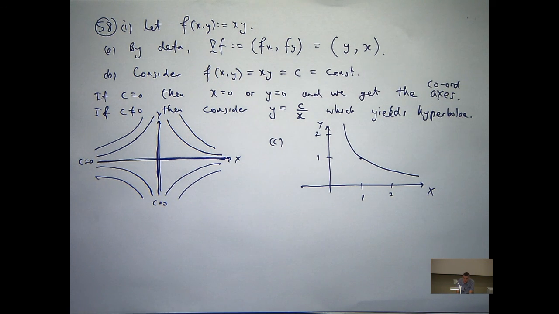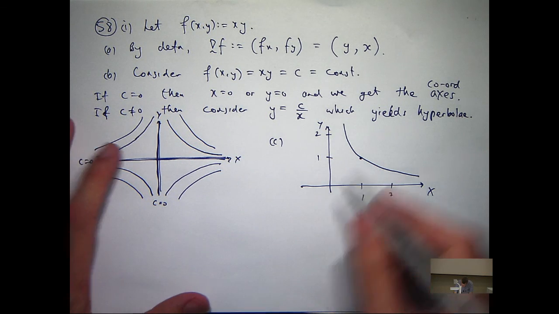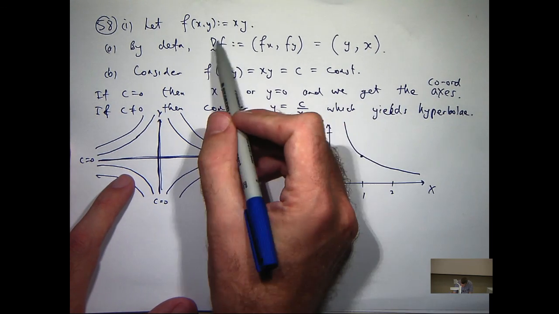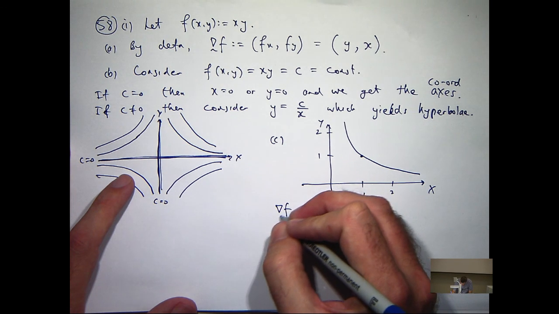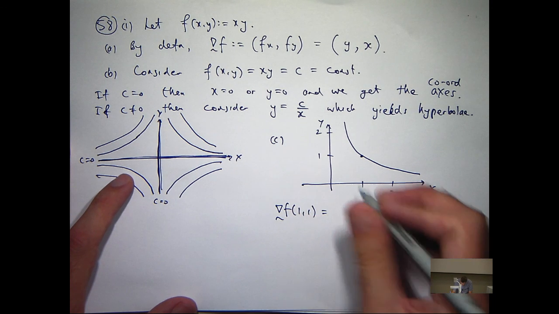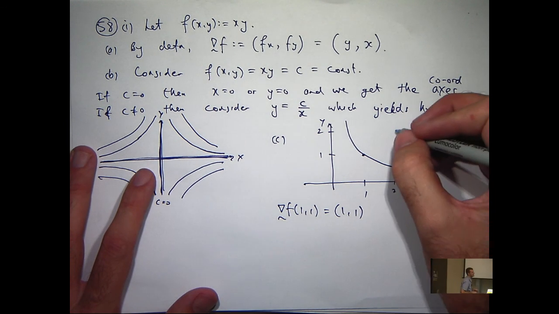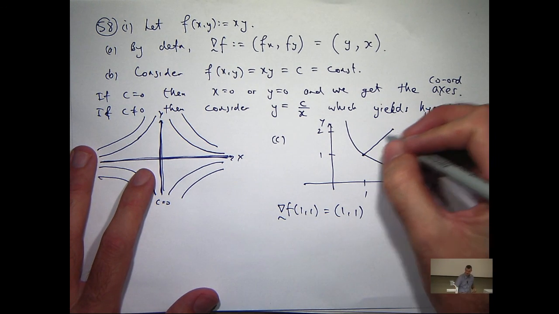What's the relationship between the gradient, or grad f, and the level curves? Who can tell me? What's the geometrical relationship? Right, they're normal. So if I just consider, say, the point 1, 1, this gradient vector is going to be the vector 1, 1. If I draw it in, it'll go from here to here.